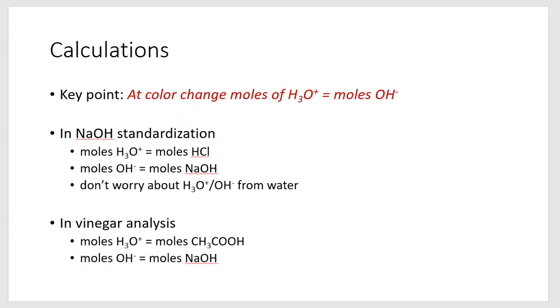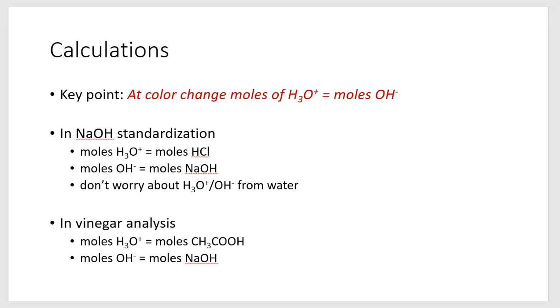So for the calculations, the key point that we want to know is that at the color change, the moles of the hydronium, H3O+, are equal to the moles of the hydroxide. So if we can set up an equation where we know all the values except one, we can solve for that one unknown, by using this equality that the moles of H3O+ are equal to the moles of hydroxide.